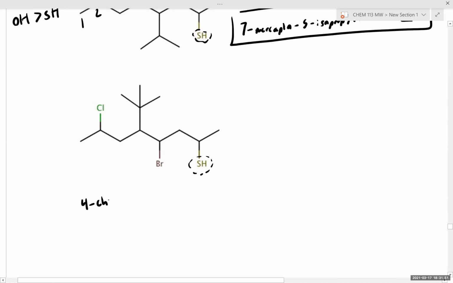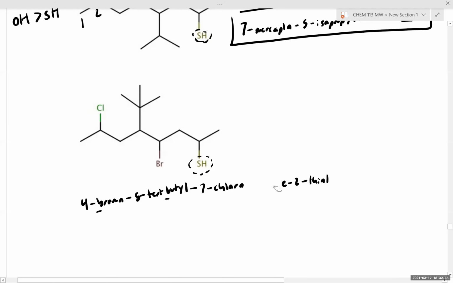I see a proposed name in the chat of 4-bromo, 5-tert-butyl, 7-chloro, octane, 2-thiol.